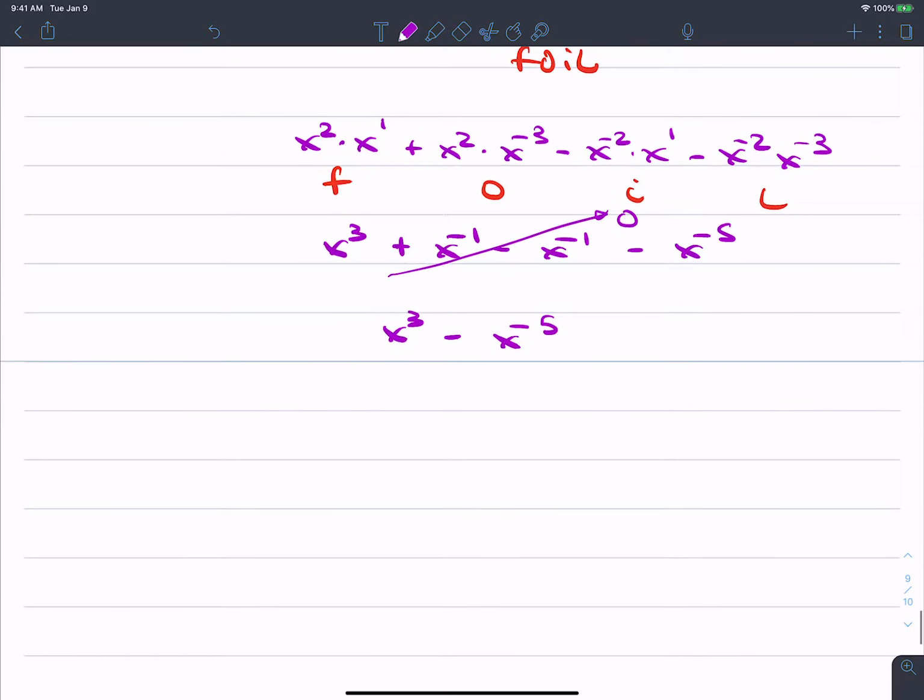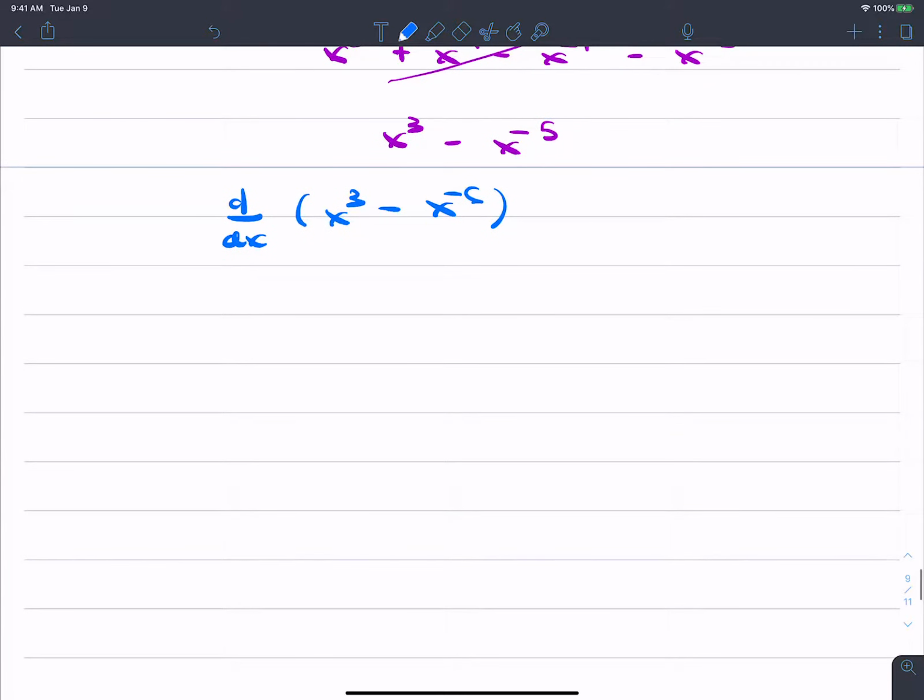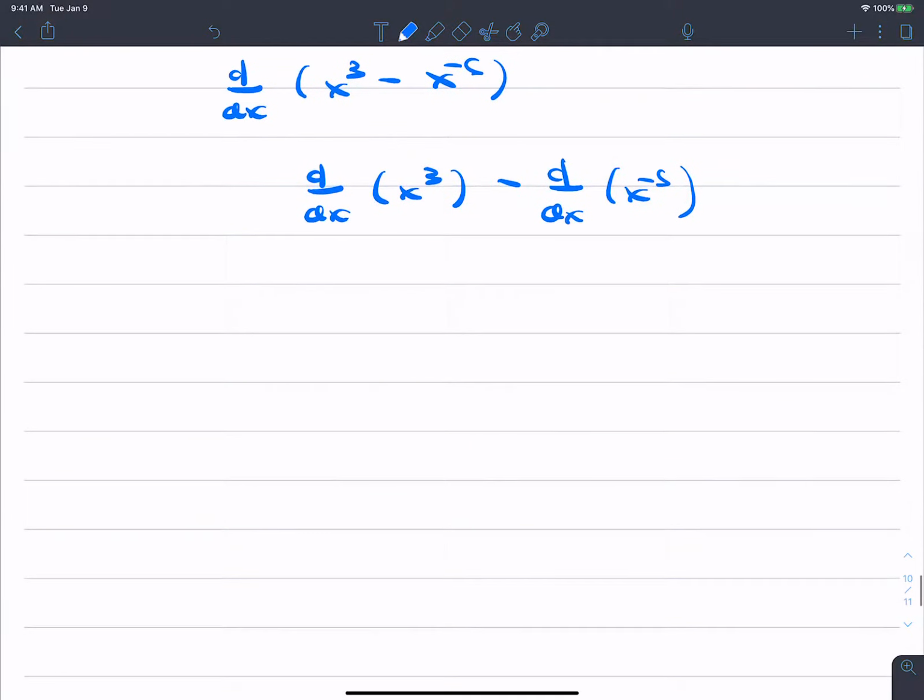Okay. And there it is. Derivative of a difference. Difference of derivatives. All right.